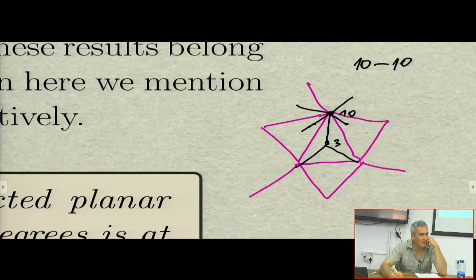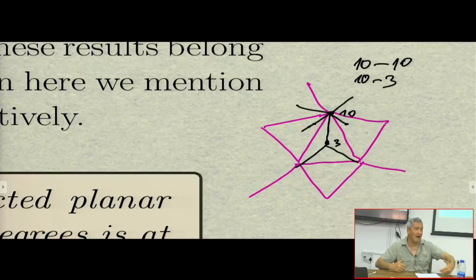The pink ones will become 10, 10. But the black edges will be 10, 3. And you have the dodecahedron, which is like 5 connected actually. And then you put a vertex in every triangle, which now we're going to have vertices of degree 3. Connectivity will drop to 3, so it's 3 connected, but you're going to have edges of 13. So he proved that you have at most 13, and we have examples that it is 13, so you cannot improve this, yes.